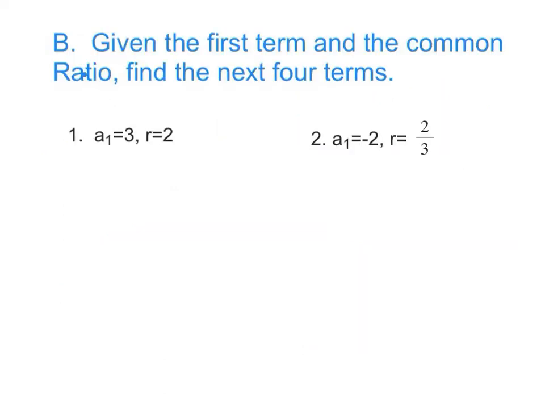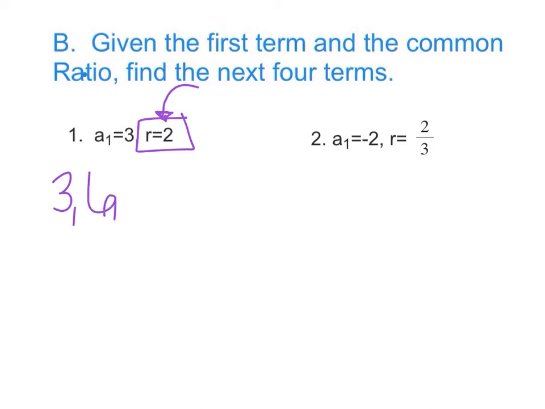B, given the first term and the common ratio, find the next 4 terms. Again, the key is that they're telling me it's a ratio, so I know I need to multiply. Well, if the first term is 3 and I'm multiplying by 2, this should be easy enough. We're just going to multiply by 2.